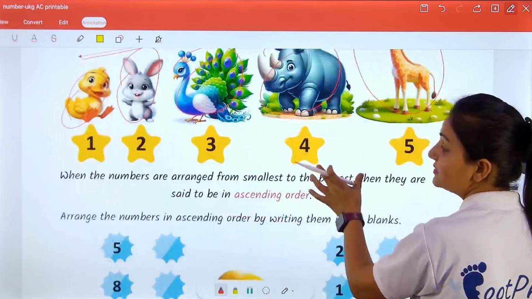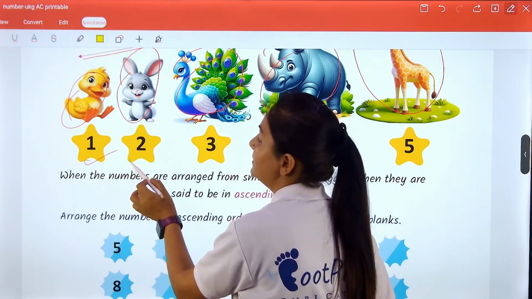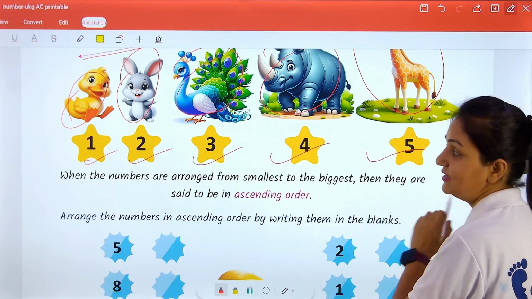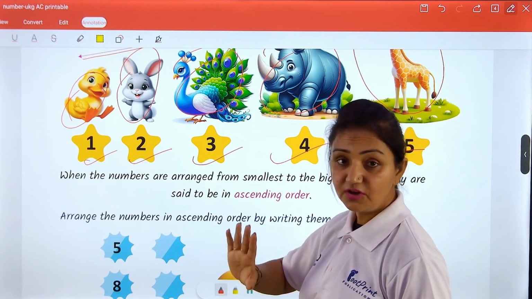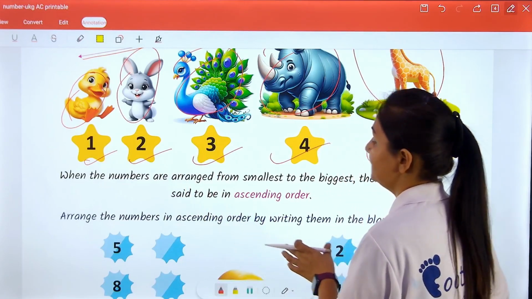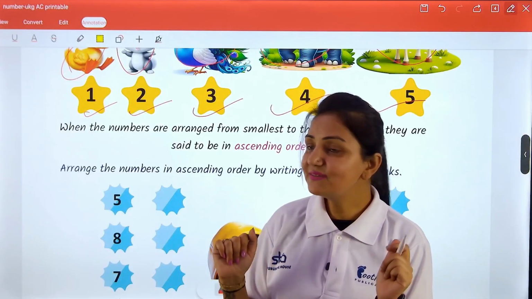In the numbers also we will follow the same thing. Number 1, number 2, number 3, number 4, number 5. As you can see, the position of the numbers are increasing here. Okay? So this is our concept of ascending order.